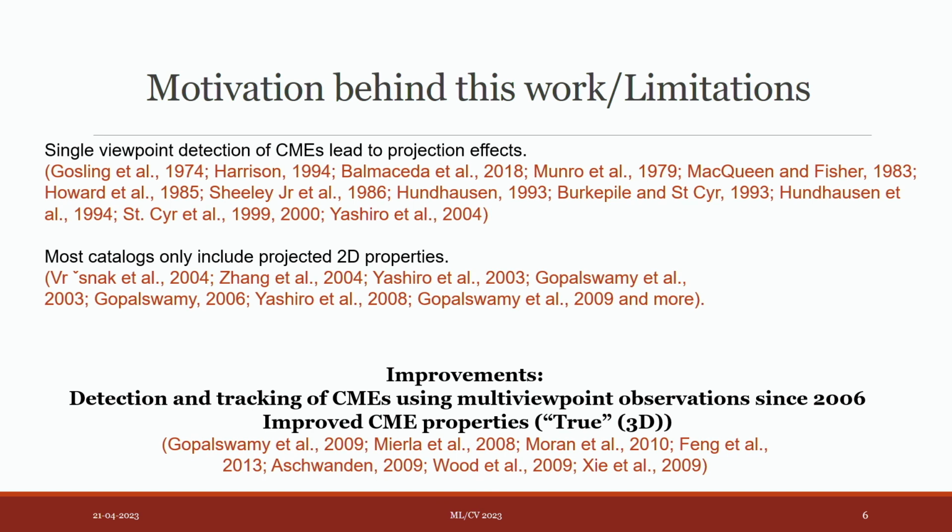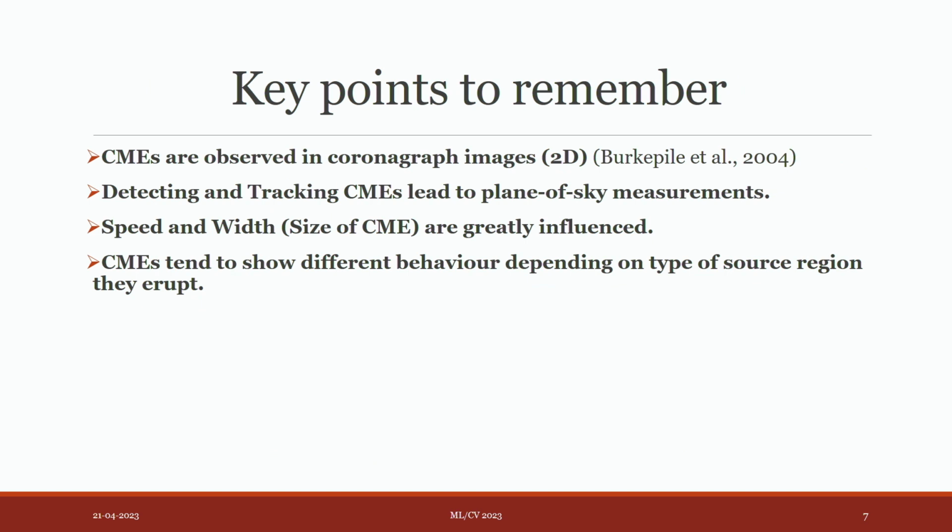There have been improvements made to cover these limitations, which is that there have been 3D detection tools and tracking done already, and they have also improved the CME properties, basically the true 3D speed and width properties of CMEs. But they still lack a large statistics study, and that is where my study comes in.